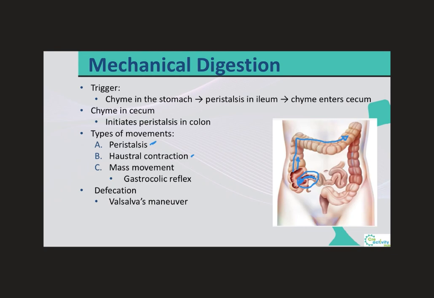This slow passage allows time for the chyme to be converted into a very mushy paste, and movement through the rest of the large intestine results from powerful peristaltic contractions called mass movements, which occur a few times a day.